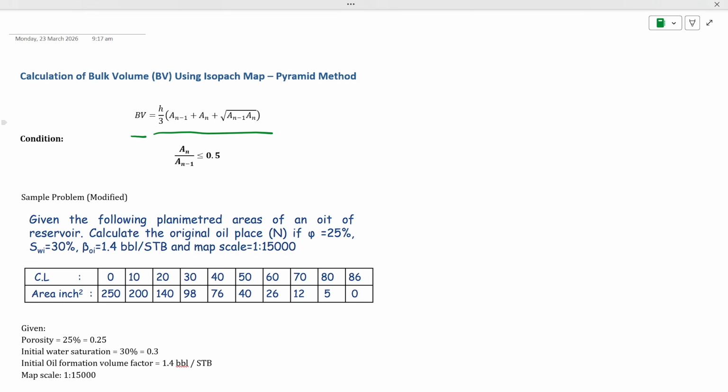Okay. This A sub n minus 1 is the area of the lower contour level, and this A sub n is the area of the upper contour level. So let's say you already have or already define this.